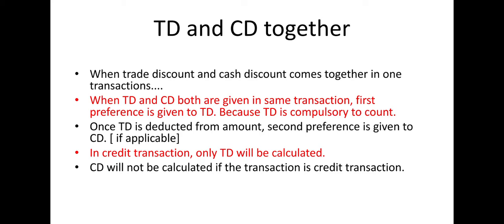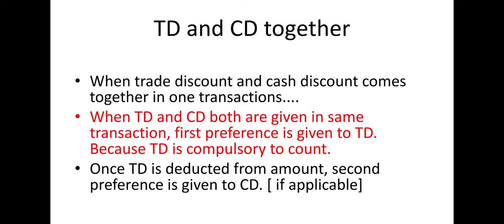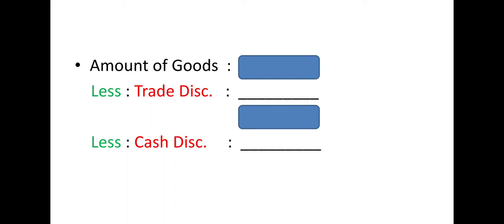Now students, let's understand in detail exactly how we can do it. If both trade discount and cash discount are given, then first you will be given the amount of goods. So first we will calculate trade discount.